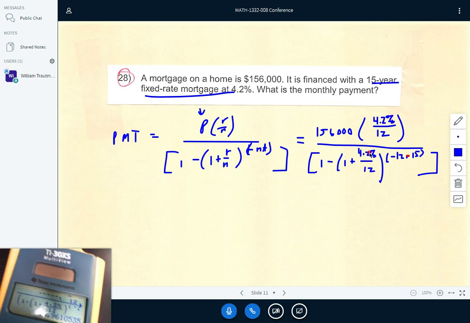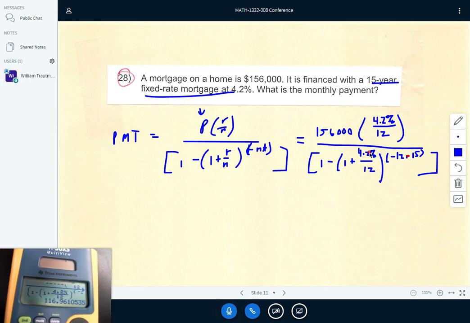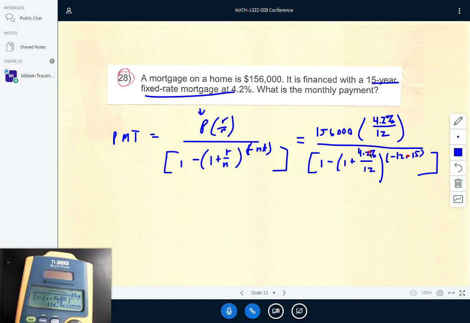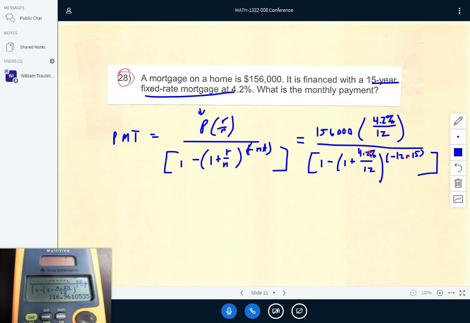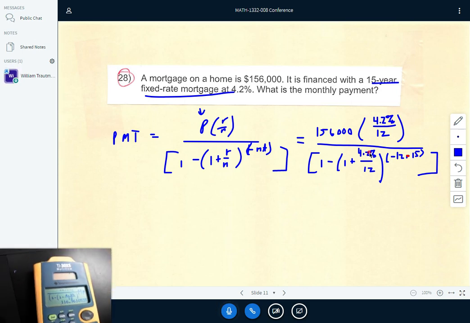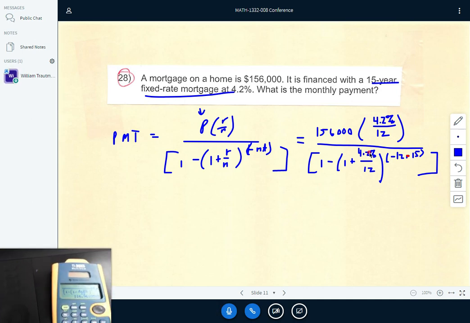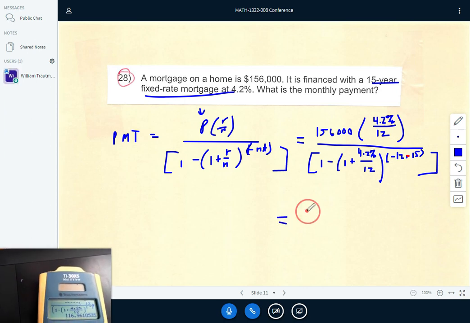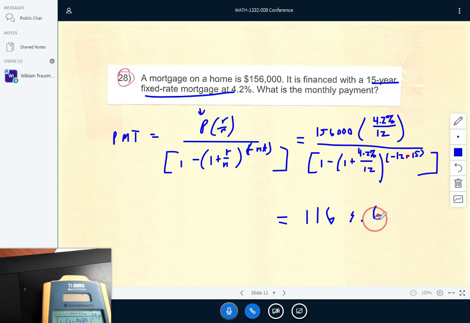So I'm close. I just typed something in wrong somewhere because it says 116961. I have a decimal place in the wrong spot. Anyway, the answer you should get is 1169.61.